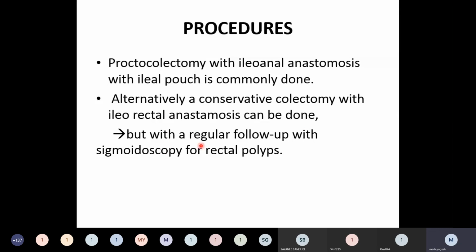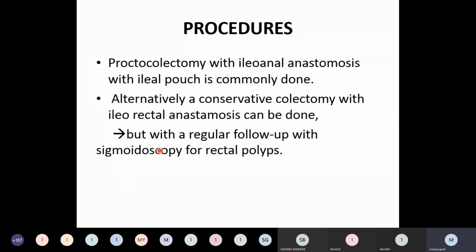But what has to be kept in mind is that such patients have a propensity for the development of polyps in the part of the rectum which is left. So they need regular follow-up with endoscopy for visualization of the rectal polyps, and if polyps are found, they have to be removed immediately, or sometimes if the polyps are many, the patient might require a completion proctectomy as well.